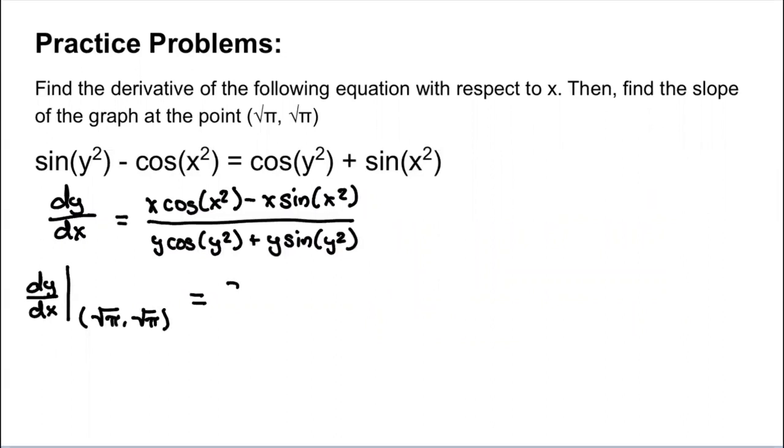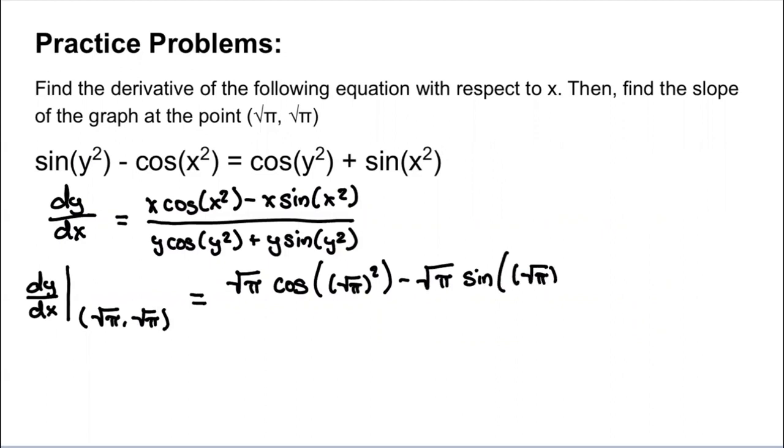So I'm going to have root pi cosine of the square root of pi squared minus root pi sine of the square root of pi squared.